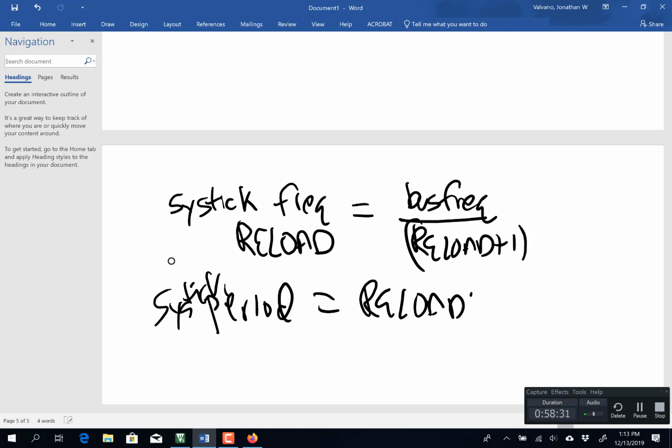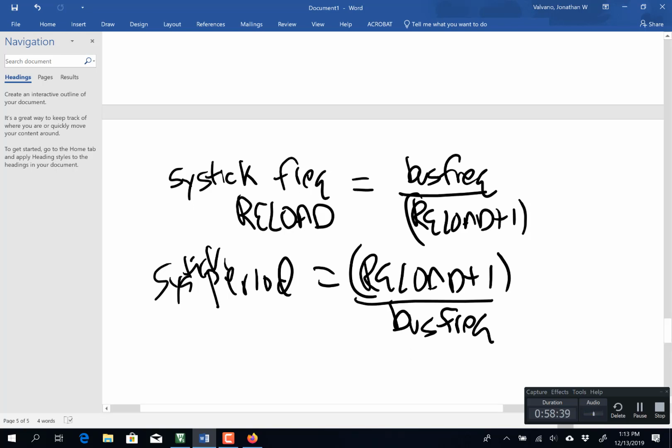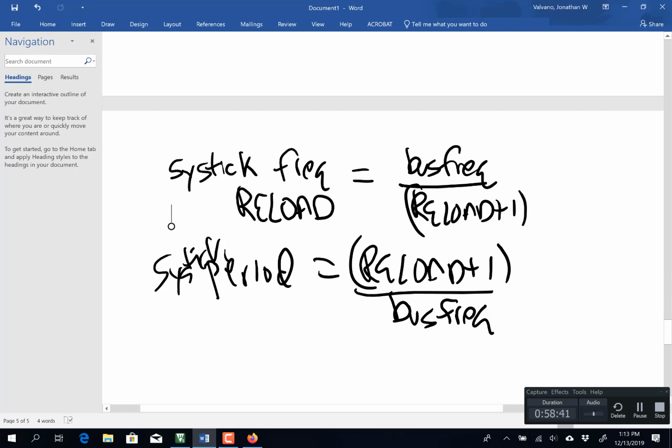What did your 10th grade teacher tell you to do? The most important thing you learned in 10th grade? Dimensional analysis. Don't get upside down with your upside downing. Frequency is in hertz, period is in seconds, and obviously that's why it's flipped.